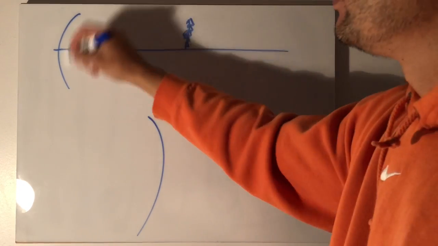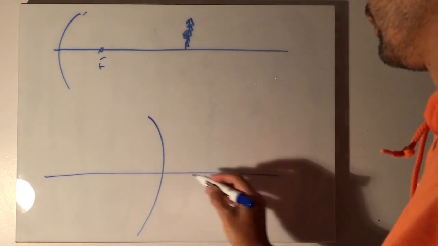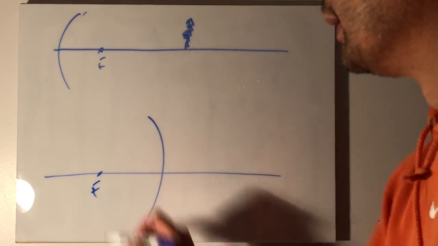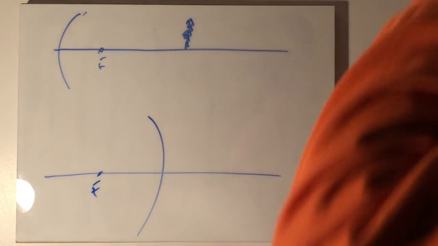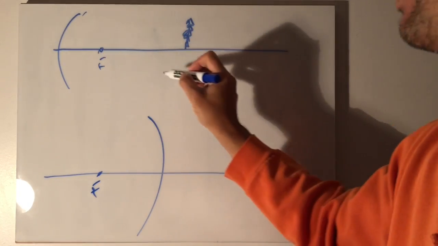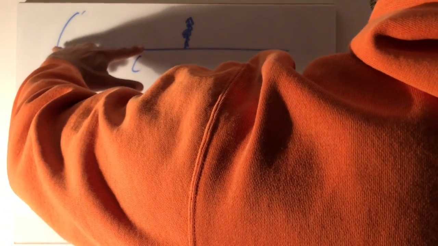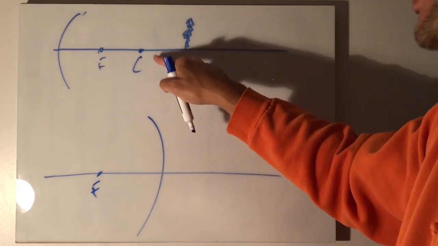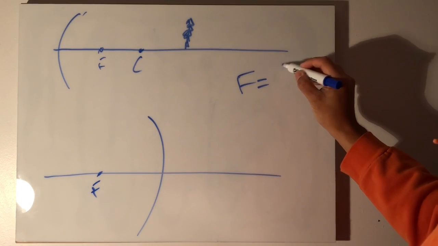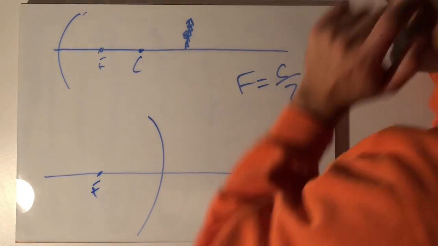Every curved mirror has a focal point, where all the light is going to reflect, and there is the center of curvature. If I take my finger and draw a big circle, that would be the center, and the focal point is going to be the center over 2. So it is half the length from the center to the edge.